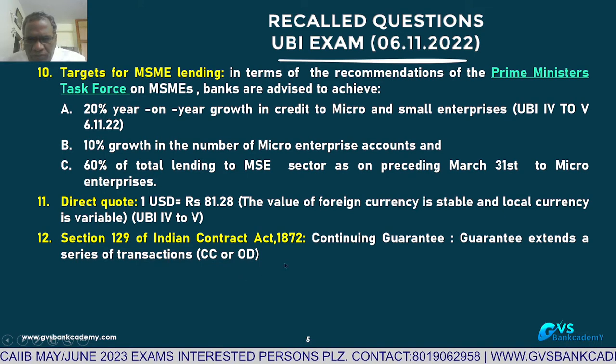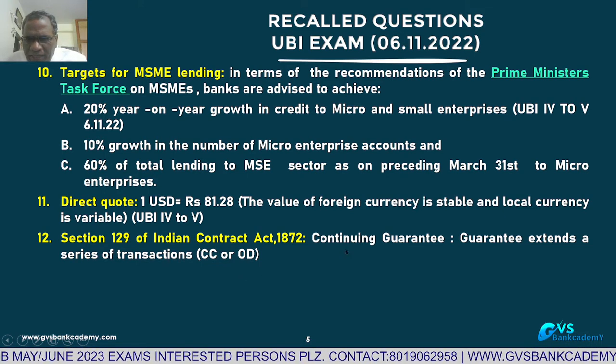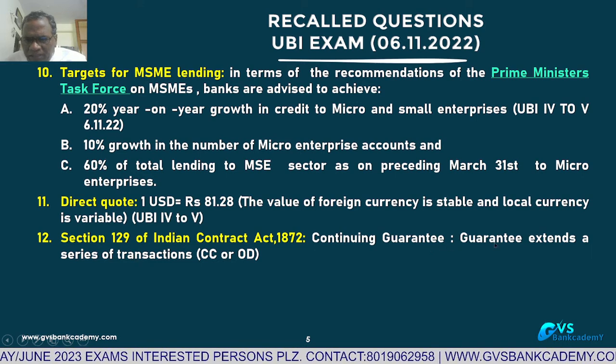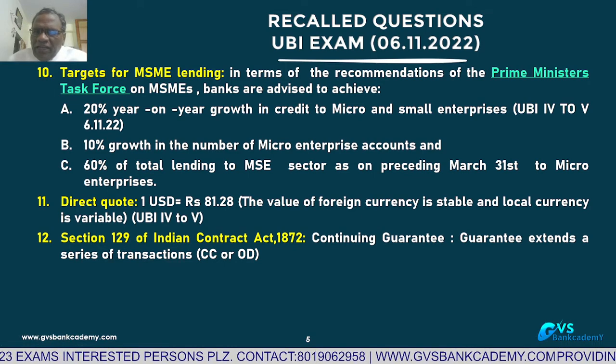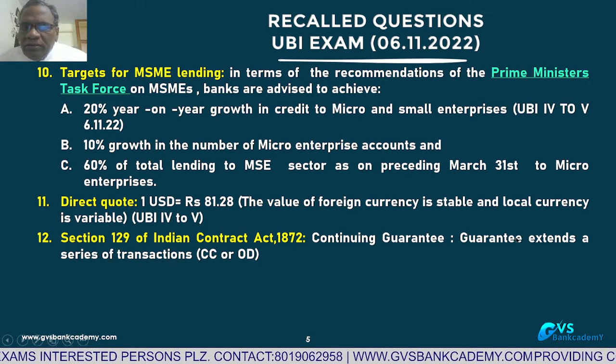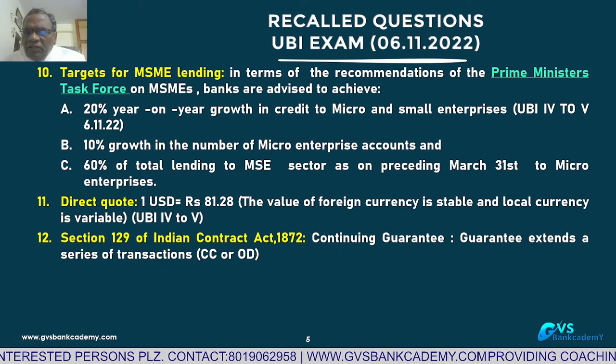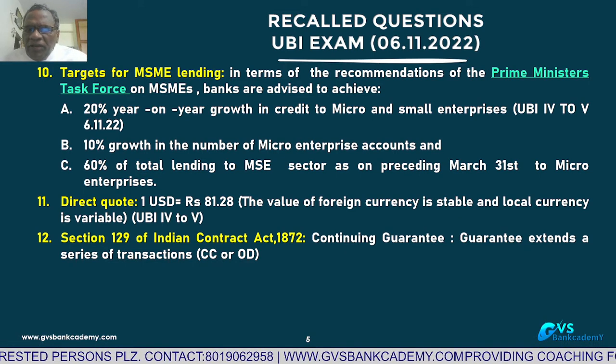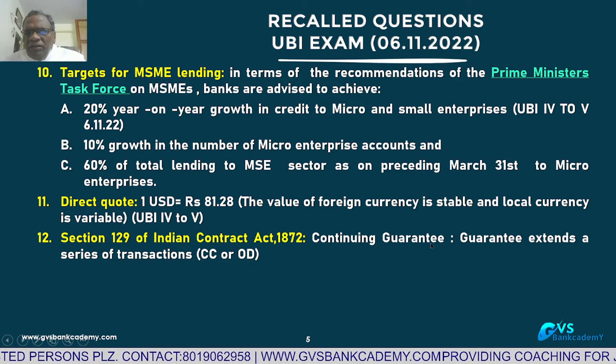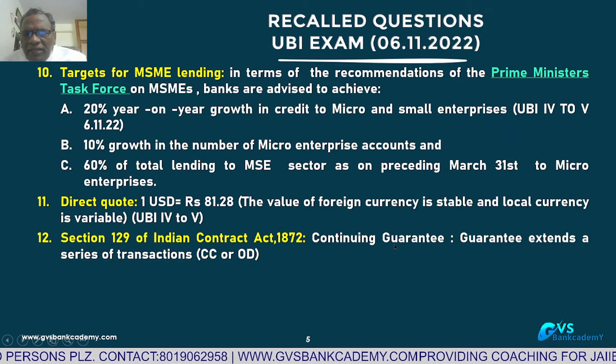One more question: how can the guarantor cancel the continuing guarantee? By giving a notice, he can cancel the guarantee for future transactions. The guarantor can cancel his guarantee for future transactions by giving a notice to the banker. And what is the other guarantee?